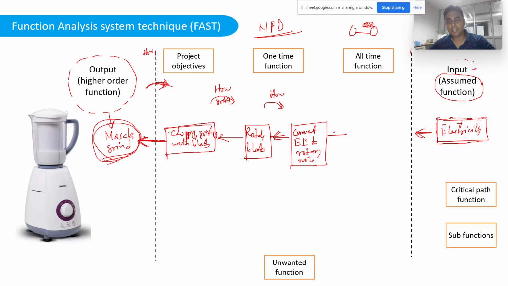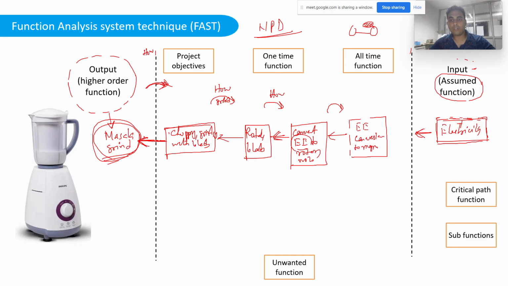Similarly, if you ask how to convert electrical energy to rotary motion, you need this particular mechanism along with the required electricity. So then you need to go down to electrical energy conversion to magnetic field.